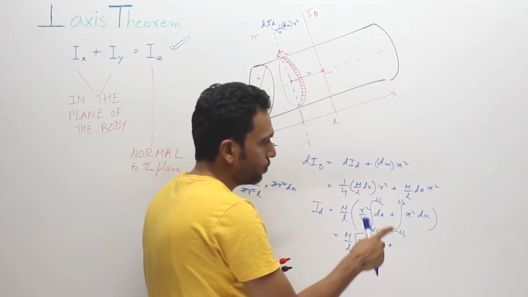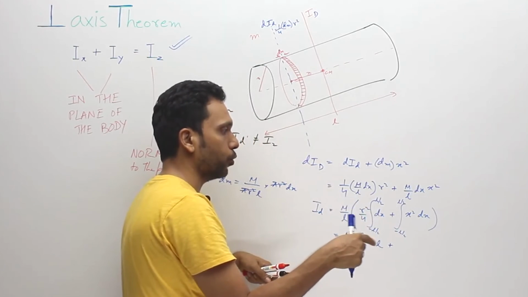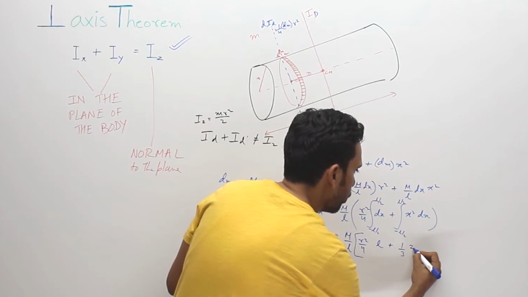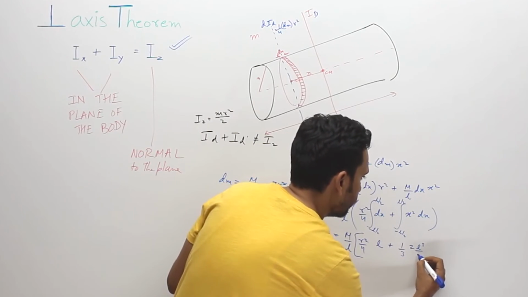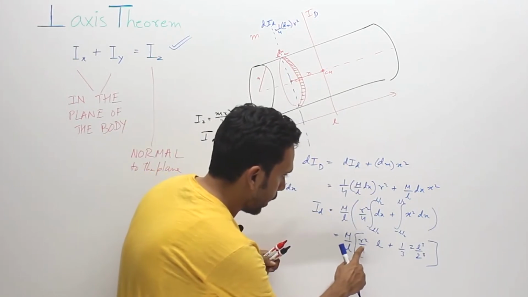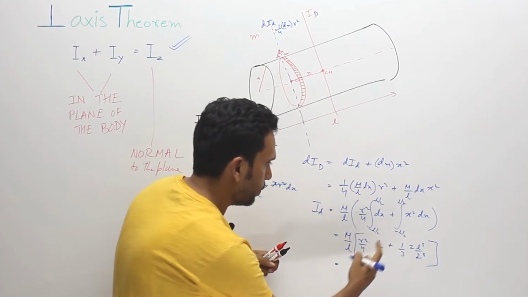The other one will give you L by 2 whole cube by 3 minus minus L by 2 whole cube by 3. So you have 1 by 3 outside, and you'll get twice of L cube by 2 cube, with one L getting cancelled from inside.